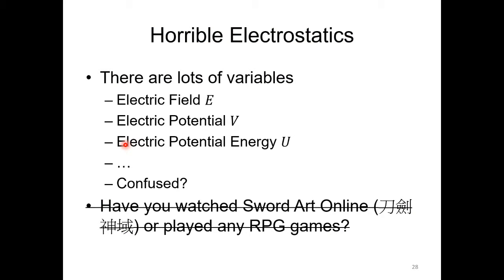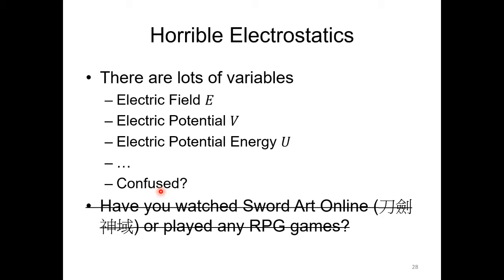So from chapter 21 to chapter 24, we have defined many variables, like the electrostatic force, the electric field, electric potential, and the electric potential energy. I suppose you'll be very confused.